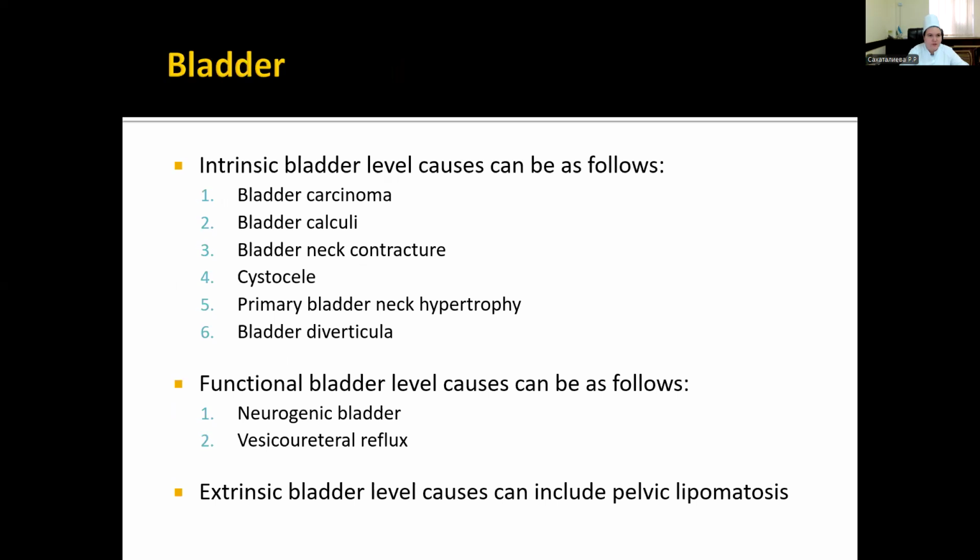At the bladder level, intrinsic causes can be as follows: bladder carcinoma, bladder calculi, bladder neck contracture, cystocele, primary bladder neck hypertrophy, and bladder diverticulum. The functional bladder level causes can be as follows: neurogenic bladder and vesicoureteral reflux.